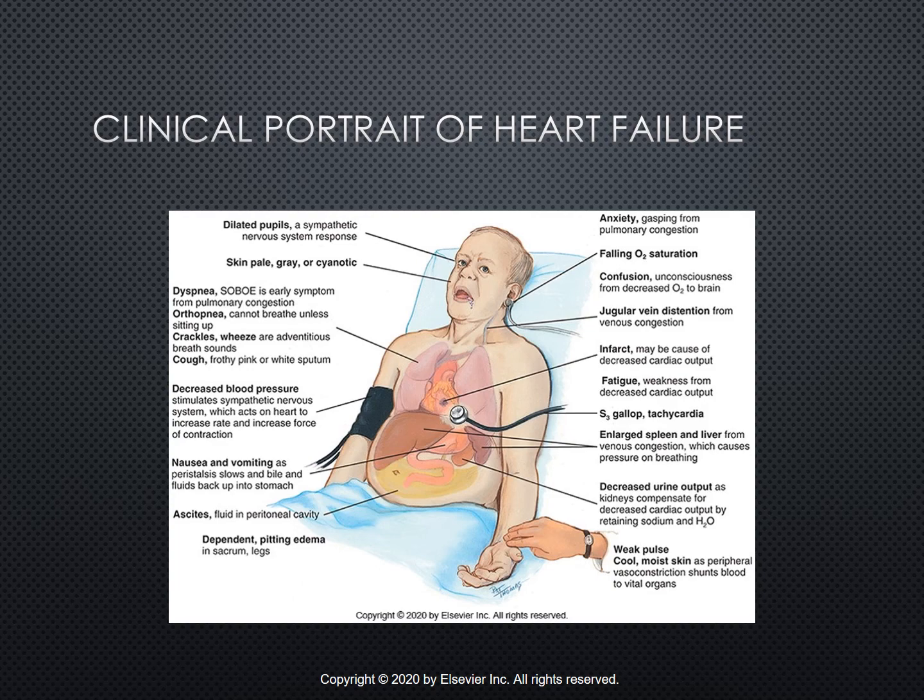So I just wanted you to see a clinical portrait of heart failure. We talk about edema, and ascites is kind of a form of edema, but it's fluid buildup in the abdomen or the peritoneal cavity, okay? I like this picture. I thought I would share it.